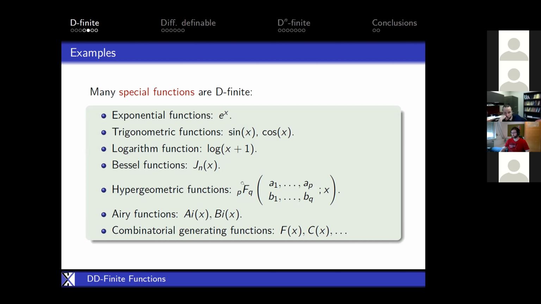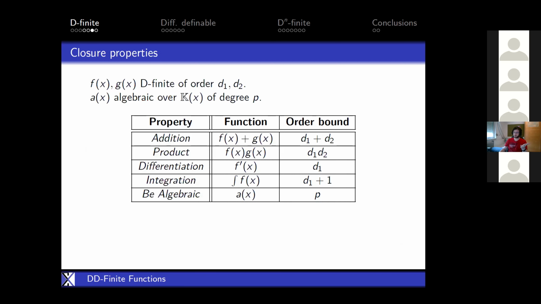All the family of pFq functions are D-finite, the Airy functions, and also all the generating functions that come from the equivalent sequences that are holonomic sequences, like the sequence generated by the Fibonacci numbers, the Catalan numbers, all of those things.